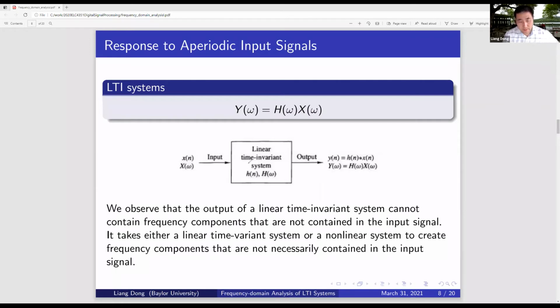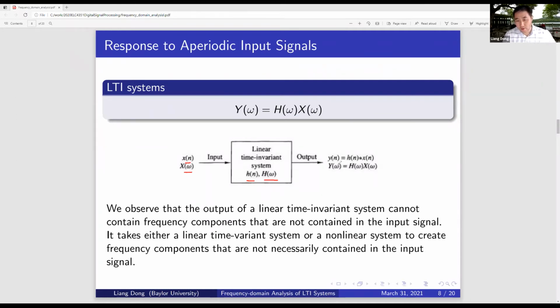Now we know that for a block diagram, the LTI system in the middle can be represented using the impulse response or system response, and the input can be any arbitrary signal, x[n]. We can also write it in the frequency domain as capital X(omega). If x[n] is an aperiodic signal, then X(omega) is a continuous function.